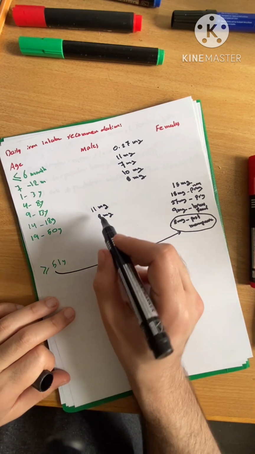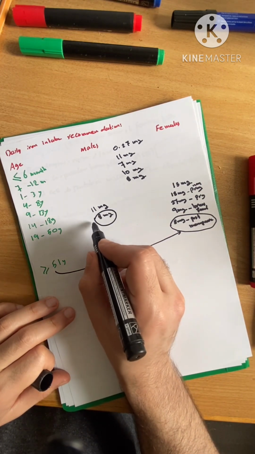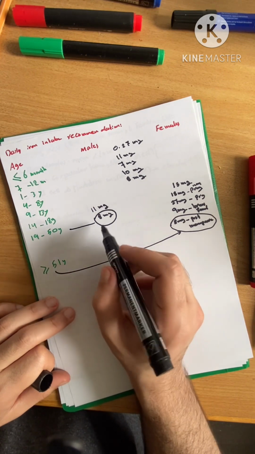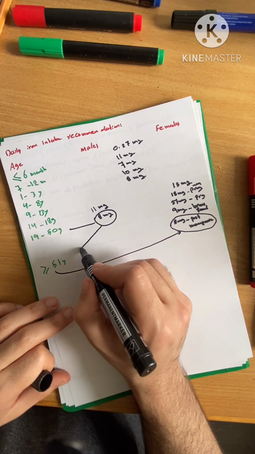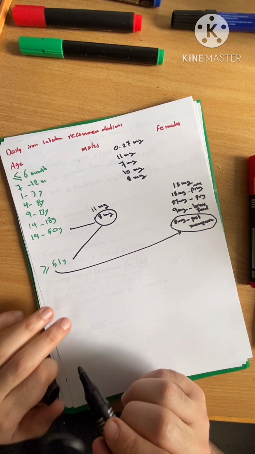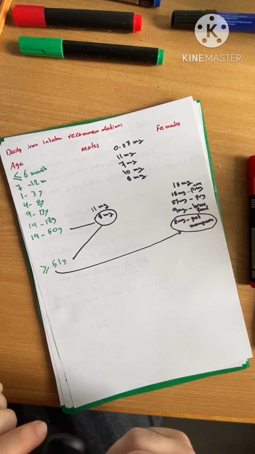Also here for male, the same 8 milligrams for 19 to 50 years old, and 51 years old also till death. 8 milligrams daily is enough.